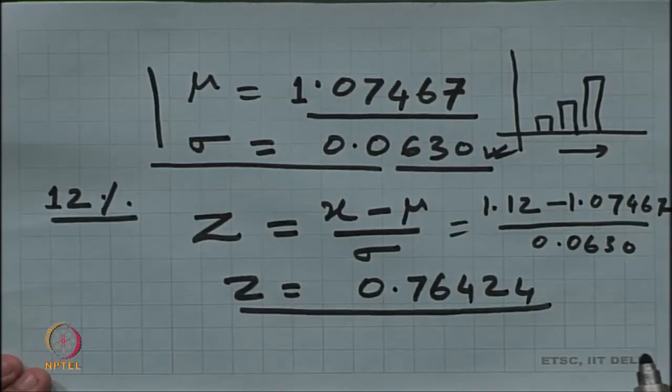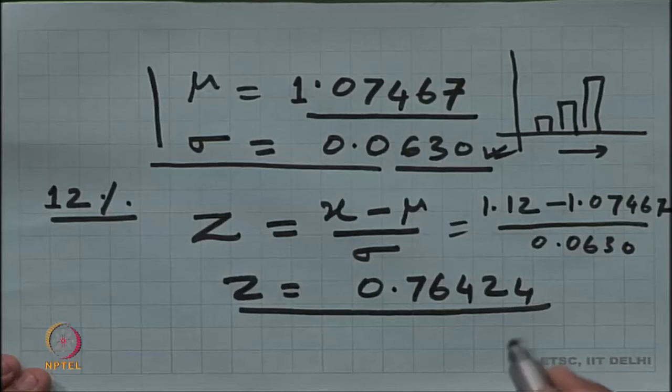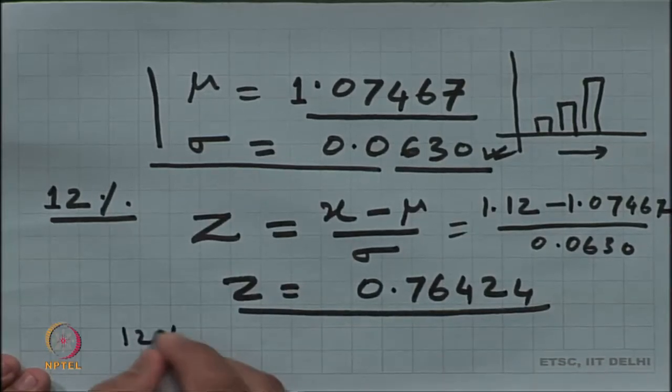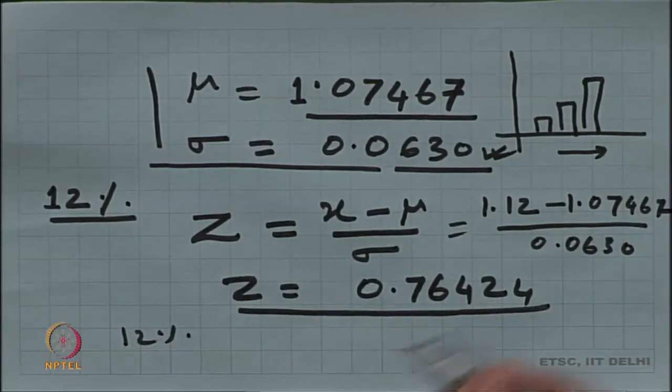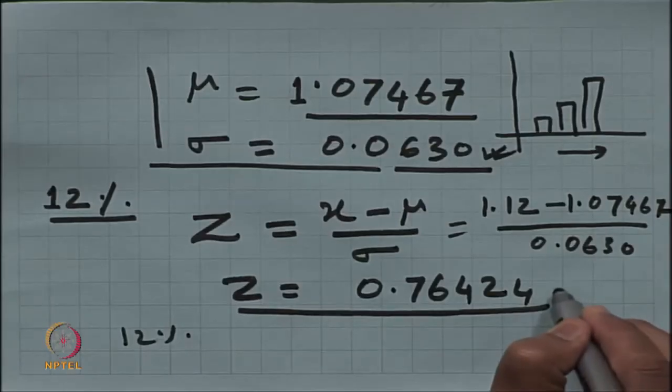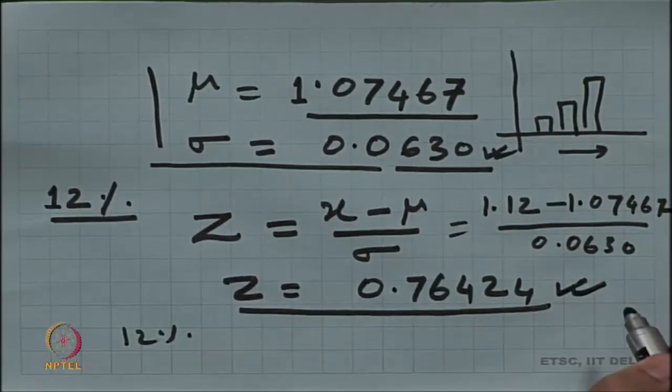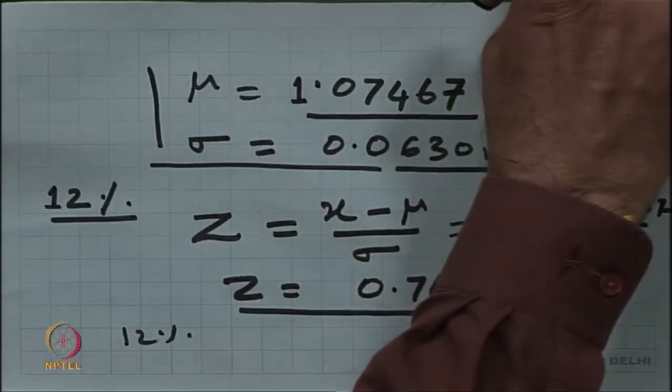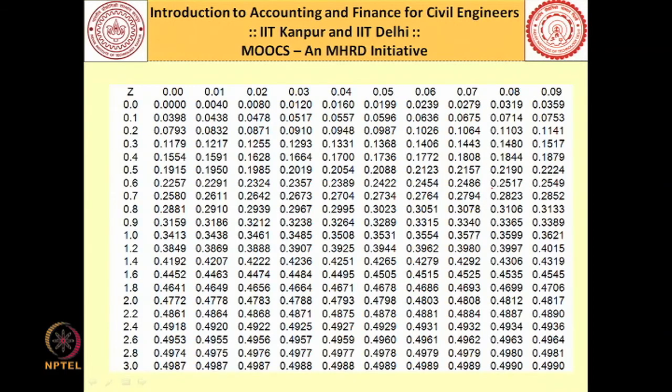Now, once you have got this z value, I can calculate the probability of winning against this competitor at 12% markup. For this, you have to look at the normal distribution table corresponding to this value of z. If you see here is the table, and in it we can locate the z value corresponding to 0.76.